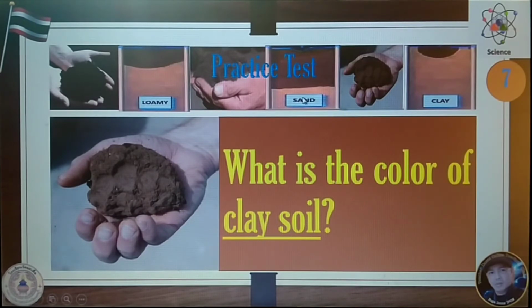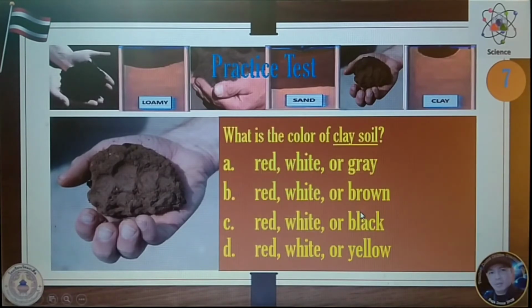Practice test 7. What is the color of clay soil? A. Red, white, or gray. B. Red, white, or brown. C. Red, white, or black.